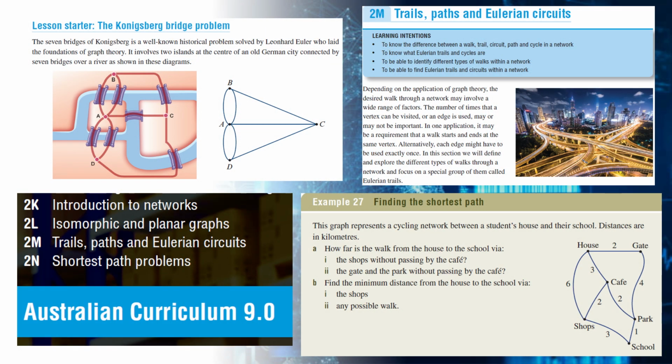Let's jump over to Year 10 because we have 4 new sections on networks. So introduction to networks, isomorphic and planar graphs, trails, paths and Eulerian circuits, and some shortest path problems to finish. And that's connected to our geometry chapter.